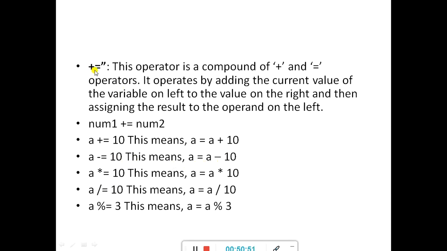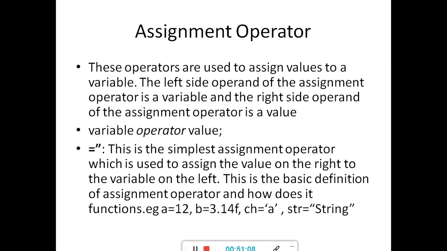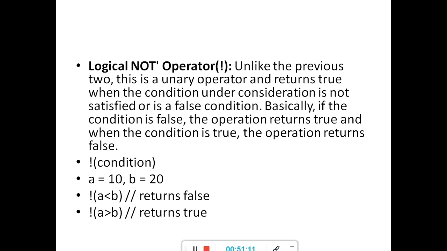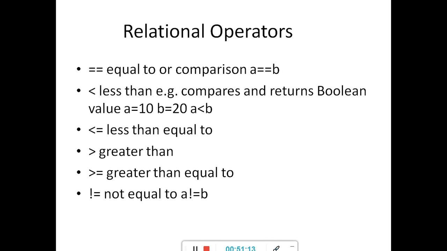What is happening is that the value of a gets incremented by this variable value, and then it is assigned to the same variable name. Okay. So we have seen all the different types of operators.